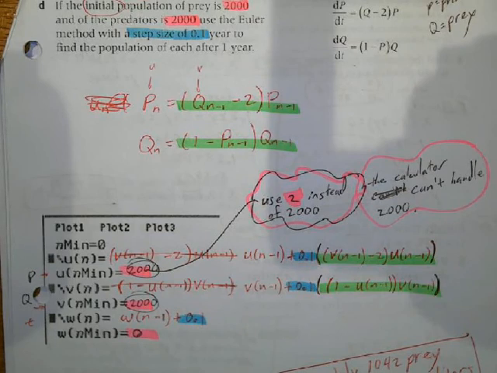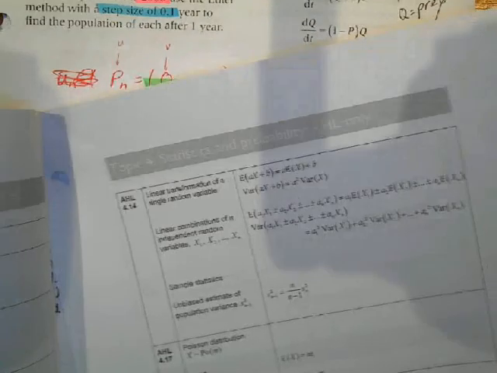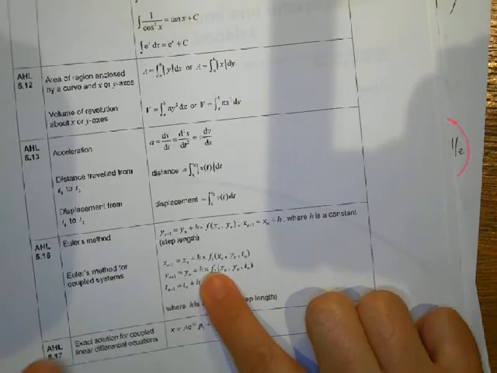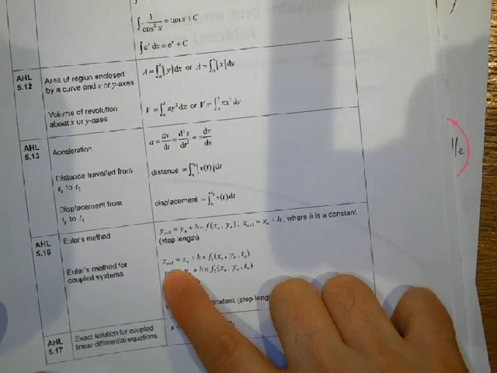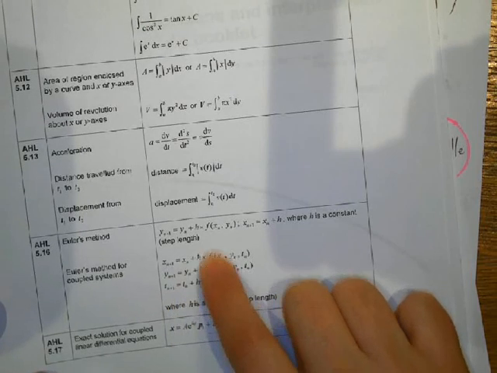Anyway, using our formula packet for Euler's method, x subscript n plus 1 equals x subscript n plus h times the function.